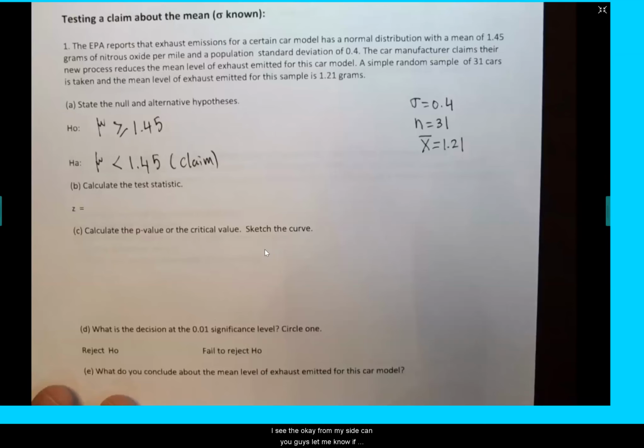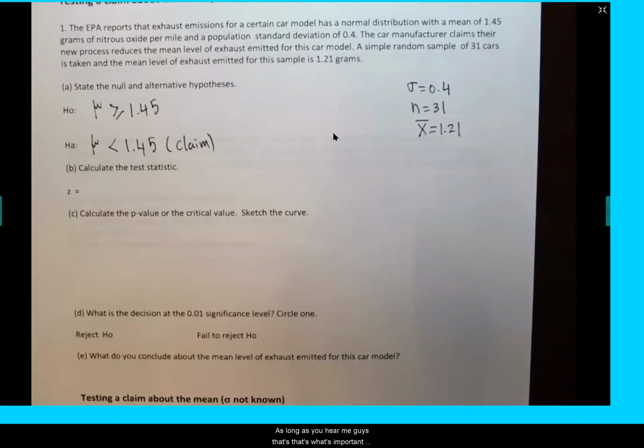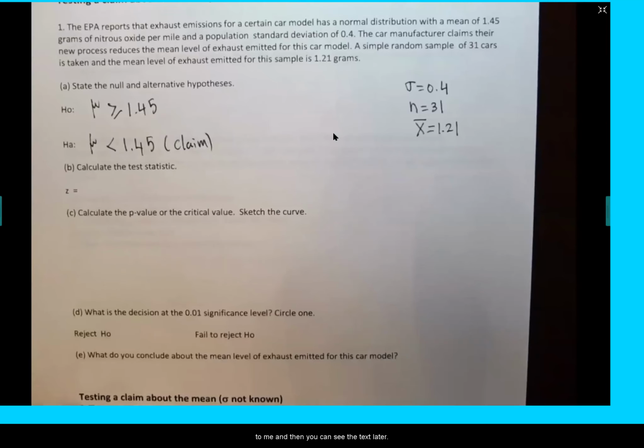I see it okay from my side. Can you guys let me know if it is good now? Okay. Yeah, as long as you hear me, guys, that's what's important to me, and then you can see the text later.